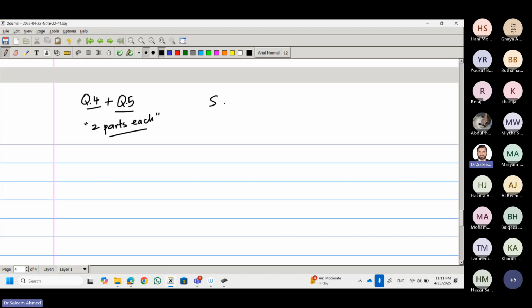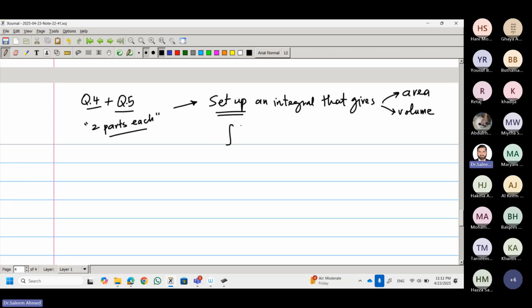But I may ask you two things here. One is that I may ask you to set up an integral. Let's say, for example, I ask you to set up an integral that gives area or volume or whatever, right? That gives the area or that gives the volume, this type of thing. So it means you do not have to solve.